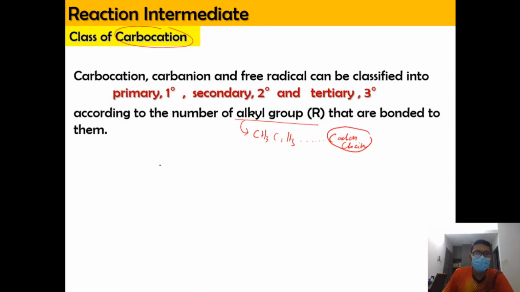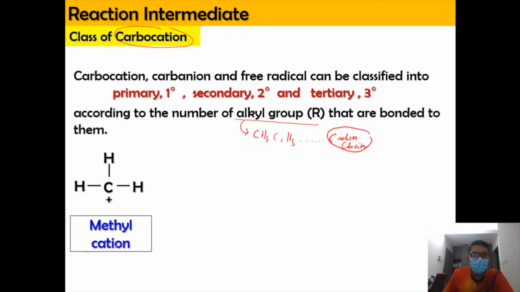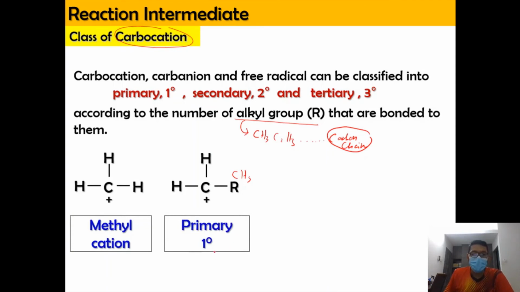So let's look here. Let's say we have a carbocation, but it is attached to hydrogens. This is known as the methyl cation. However, when the carbocation is attached to one alkyl group, which can be CH3 or C2H5 or another long chain, it's going to be a primary carbocation.